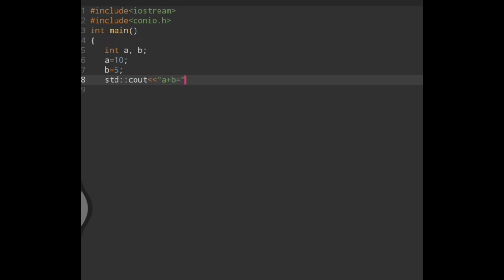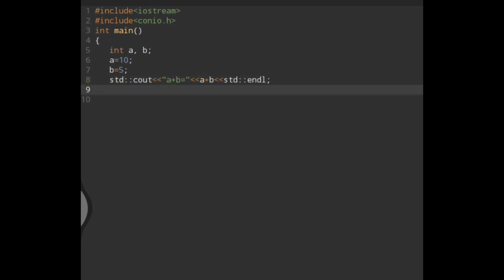Now I'm going to use cout because the output is going to display on the screen, and I have to input the values, that is 5 and 10. Now I have used the endl manipulator.